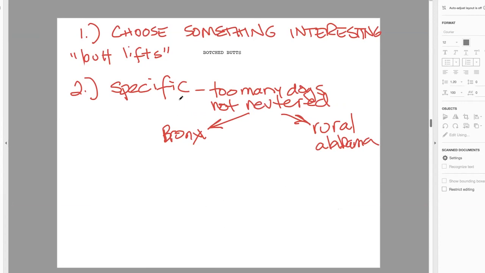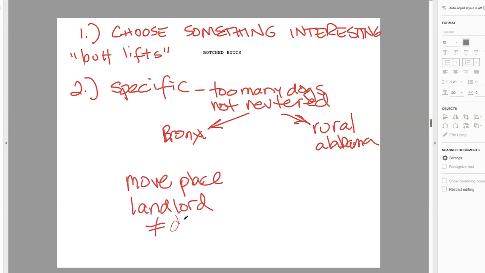If you want to address too many dogs being surrendered to a shelter, I can tell you one of the big reasons in New York that dogs are given up is because people move to a place where the landlord doesn't allow dogs.